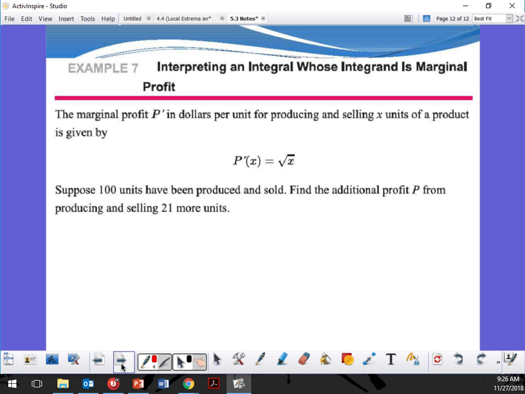I want to know what the additional is going to be. So by additional, that word is telling me that it's going to be added on top of, right? So added on top of means that my lower bound is the 100, and the additional would be 121, and that's going to be from x to the 1/2 dx, right?